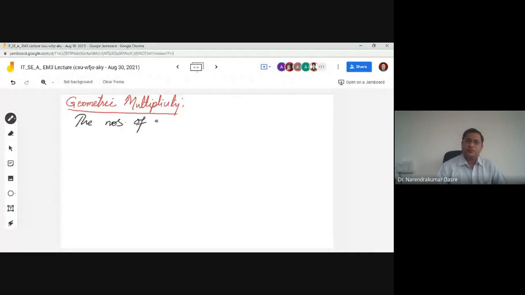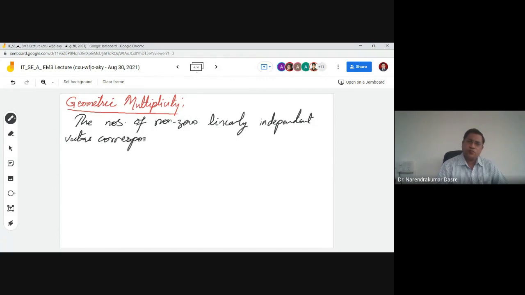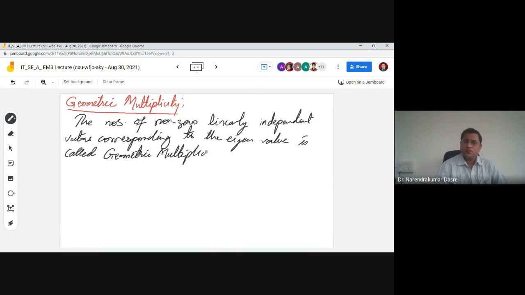The number of non-zero linearly independent vectors corresponding to the eigenvalue is called the geometric multiplicity.